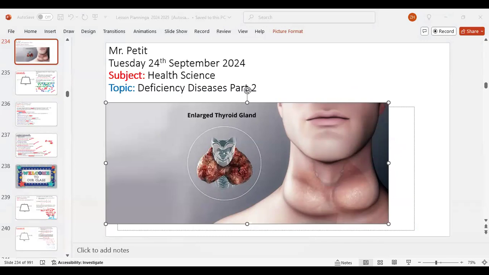Okay, iodine. Now, this is the extreme version of it. No, I'm not going to show that picture, y'all might puke. But it could grow very big.